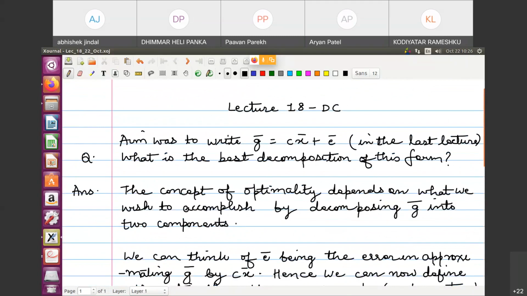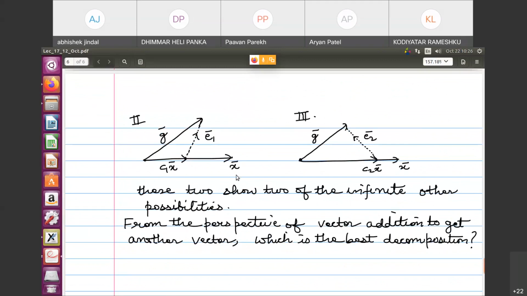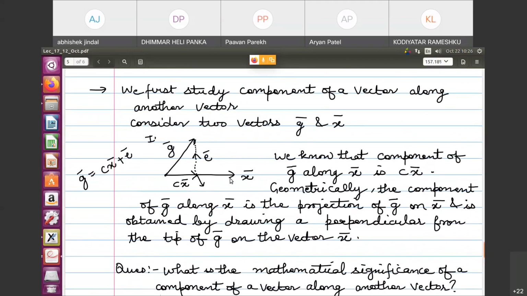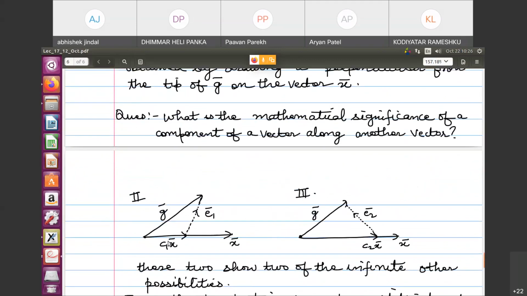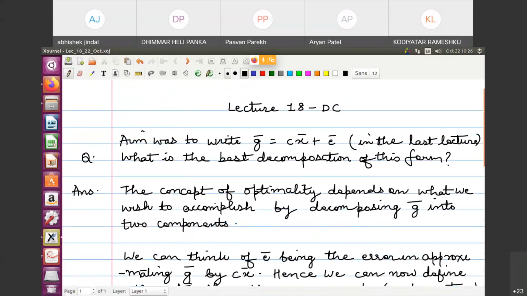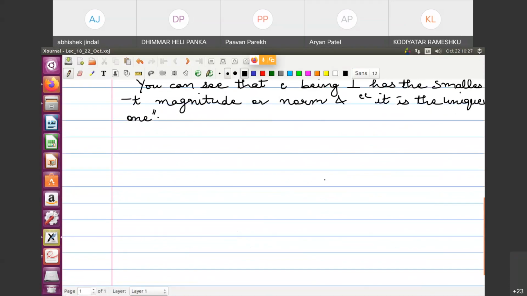If we set that as the criteria for decomposing G as a sum of two vectors, Cx bar plus E bar, then E has to be orthogonal or perpendicular to x bar, the vector on which you are projecting the other vector. This is a hand-waving type of argument, because we are not proving a few statements, assuming they are either easy to show or we have already gone through them.